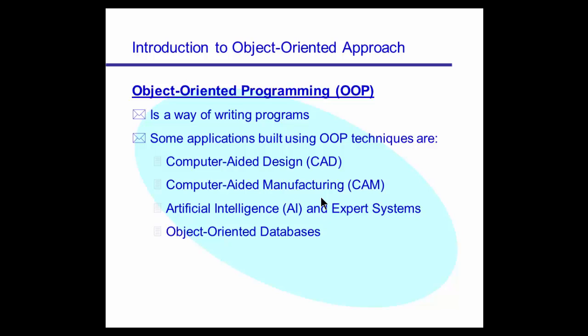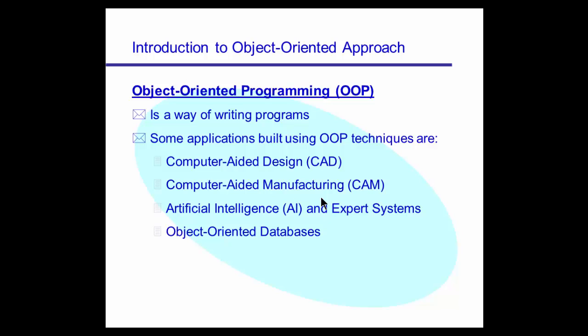Just as we have a paradigm for procedure oriented or structure oriented programming in older languages like C, we have the object oriented approach, which is a newer thing that came out in the late 80s and early 90s, became hugely popular, and is still being implemented in many programming languages. Java, C Sharp, and the other highly popular programming languages in the world all follow the approach known as the object oriented approach.